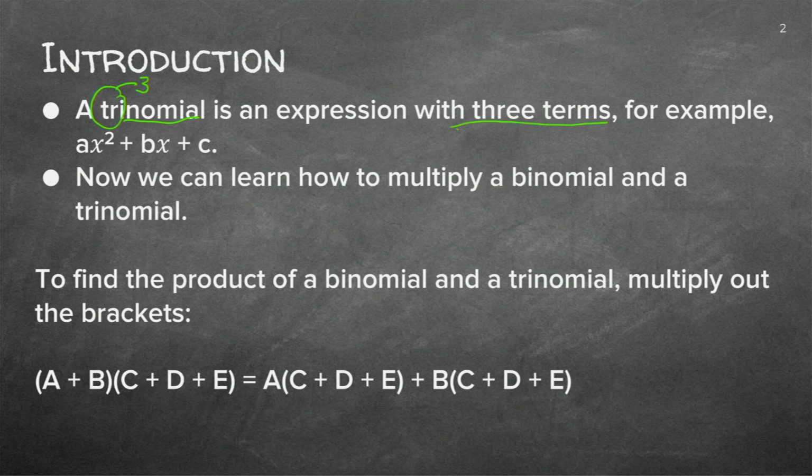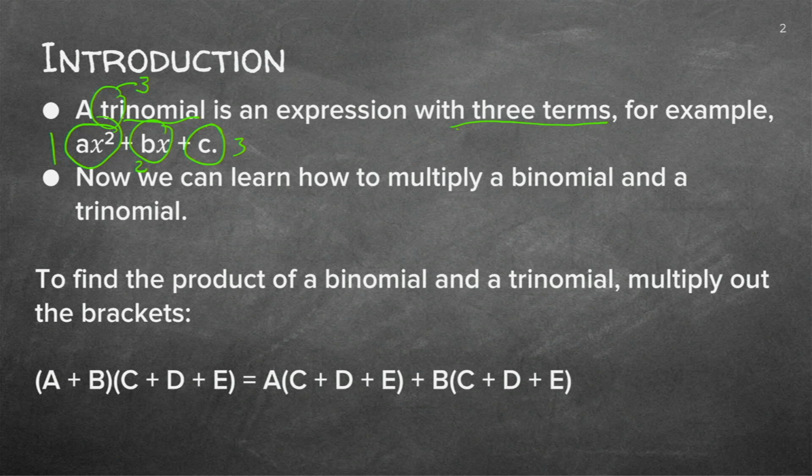We have an example there, which is ax squared plus bx plus c. So we need to count our terms. This is our first term, this is our second term, and that is our third term. So ax squared plus bx plus c is a trinomial because it has three terms.